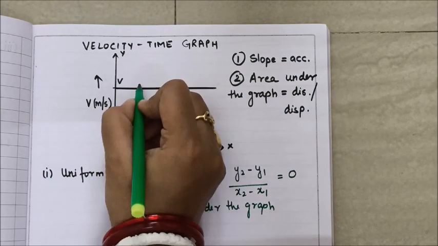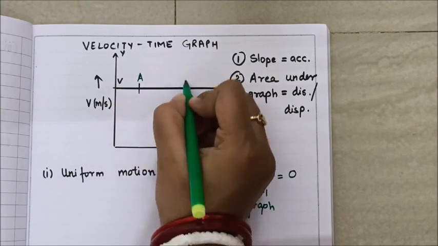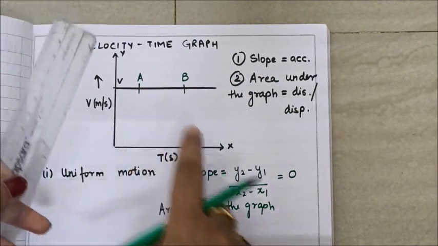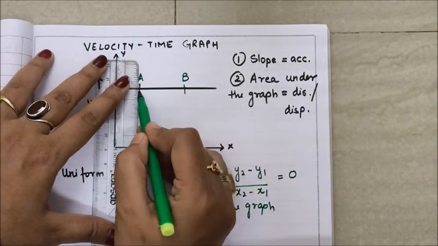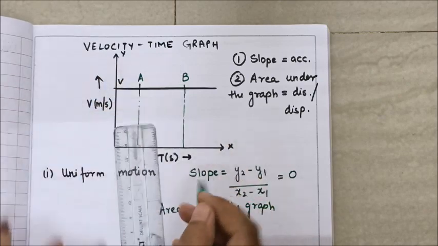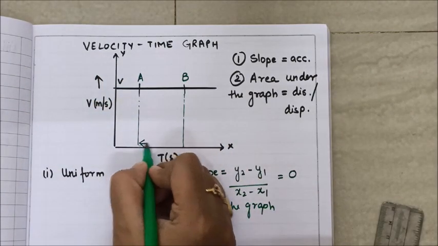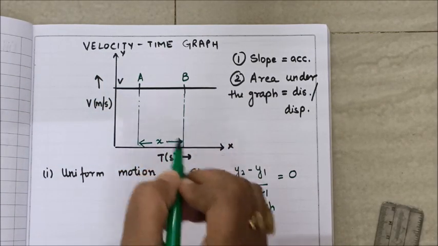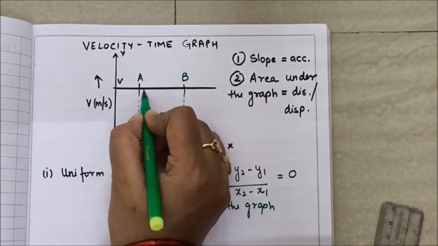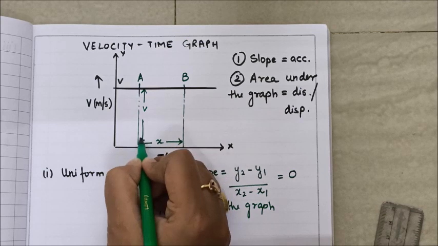Whereas for the area under this graph, if I take 2 points A and B, for example, and I need to find out the displacement covered by the body during this time interval between A and B, I need to calculate this much. Let it be x time interval, and it is a velocity v it has covered.